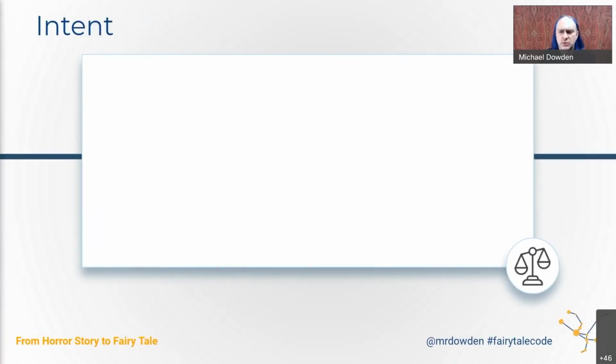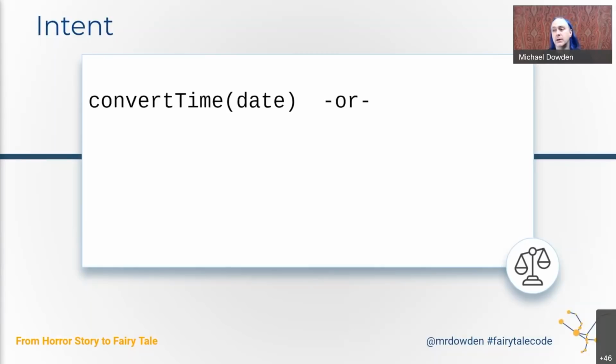Another thing to use to determine if what we're writing is clear or not is to look at intent. Can I read this code and understand the intent of the author? Do I understand when I should use the same bit of code in the things that I write? So a function name such as convert time, I don't necessarily know when I might want to call that.